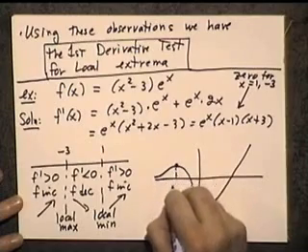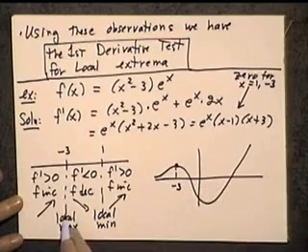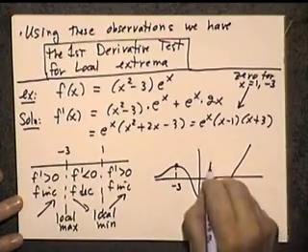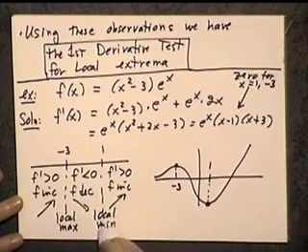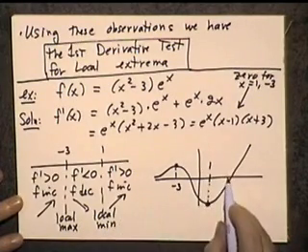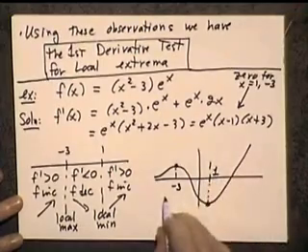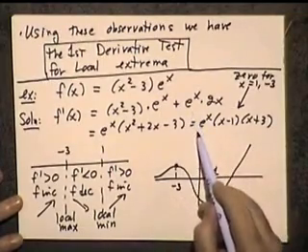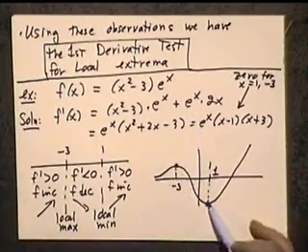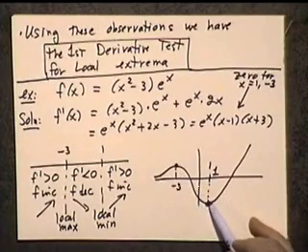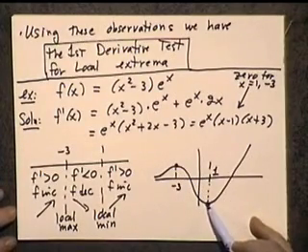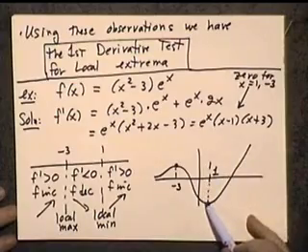At -3 is where it has the local max that we predicted here, and at 1 is where we have the local min that we predicted here. And so you can see that this test is a very easy way of finding where it has local maxes and mins. This function only has one of each, but there could be many, and this test will allow you to find them all.